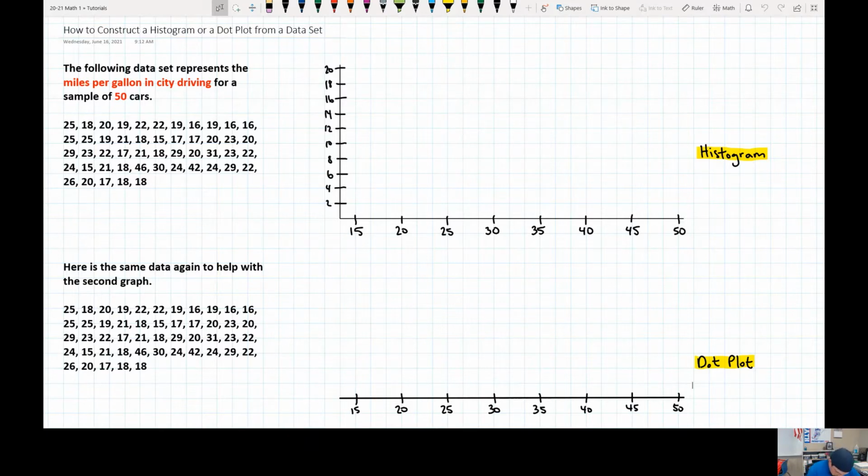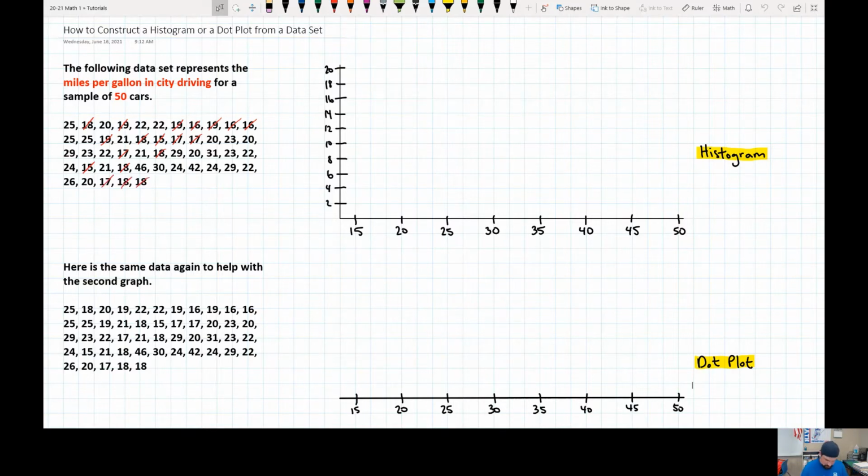We'll just go through our numbers and cross them off and count them as we go. So we have 1, 2, 3, 4, 5, 6, 7, 8, 9, 10, 11, 12, 13, 14, 15, 16, 17, 18, and 19.